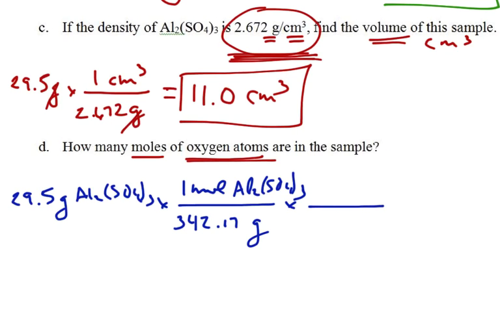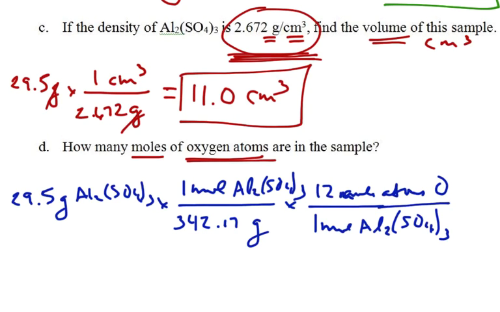And now, just making sense of this, I know if I had a mole of aluminum sulfate, it's a little sloppy, I would have 12 atoms, well, 12 moles of atoms of oxygen. So that's terribly sloppy, sorry. So 1 mole of this aluminum sulfate would give me 12 moles of atoms of oxygen.